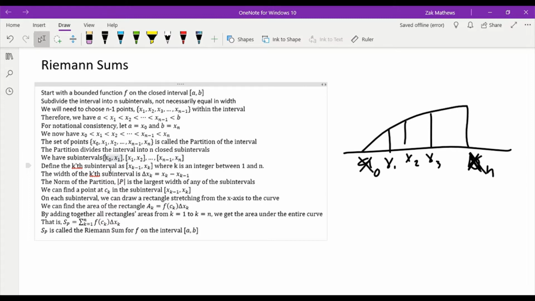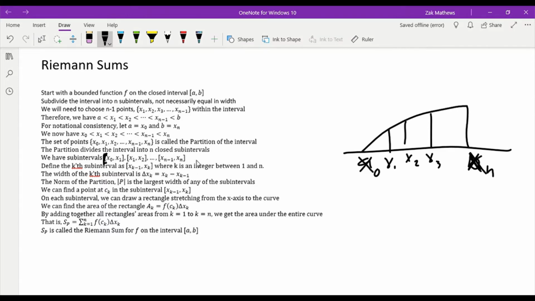This symbol right here, I'm trying to get to be a bracket, I might just leave it. They should all be brackets. The equation editor in Microsoft is not great, so I might just change that on my paper. So we see that we have a subinterval x0 to x1, x1 to x2, x2 to x3, and so forth.